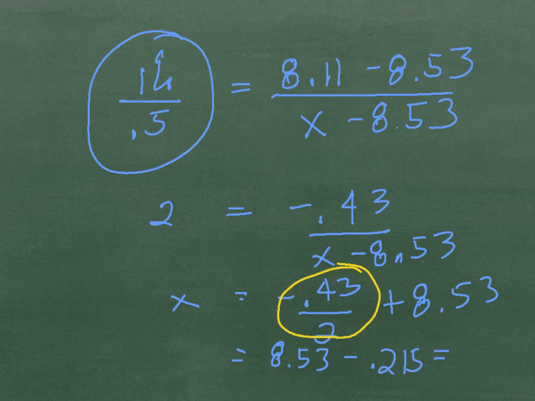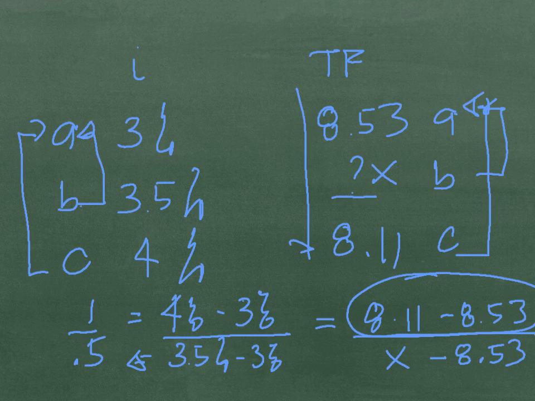So the answer is 8.53 minus 0.215, and therefore that is 8.315.